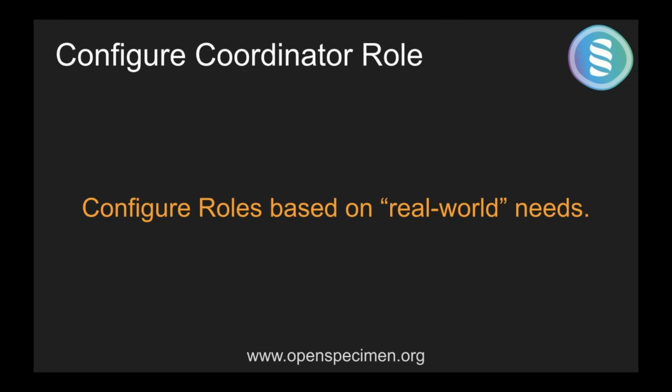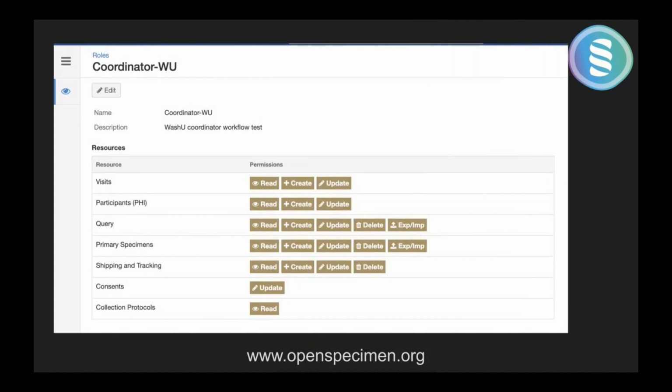The goal here was to configure roles based on the real world scenario, that is, how a coordinator works in the real world. You should be able to configure the role and the system based on that. Now this is a sample coordinator role.